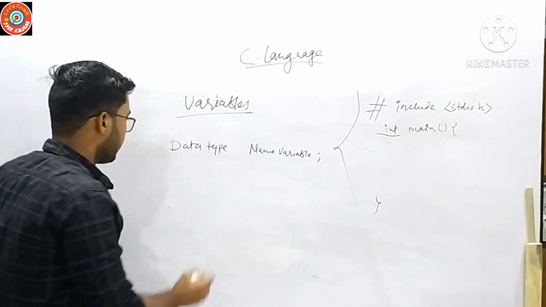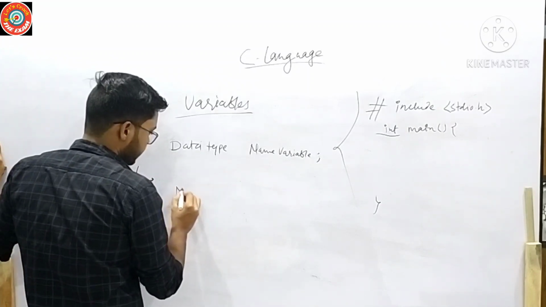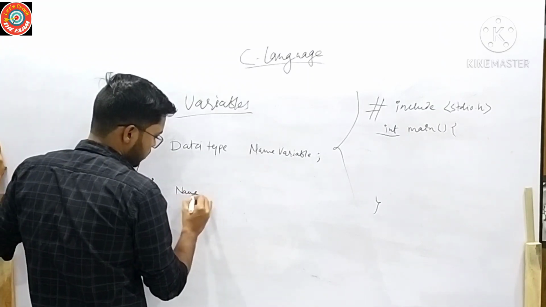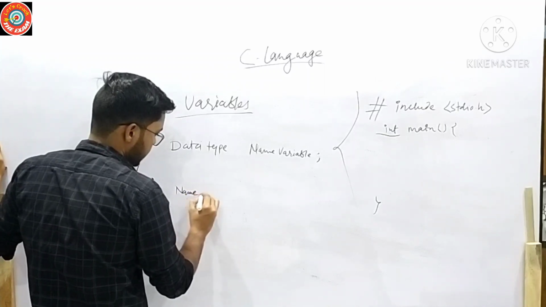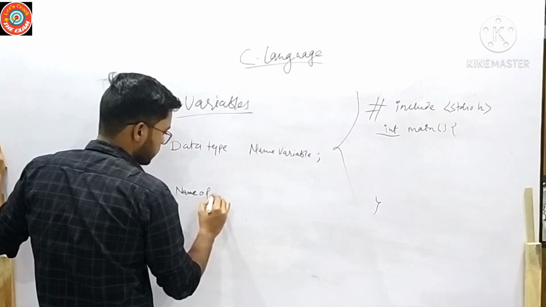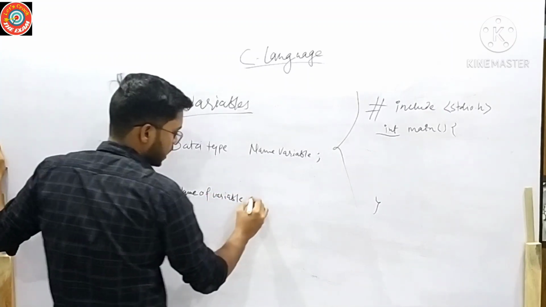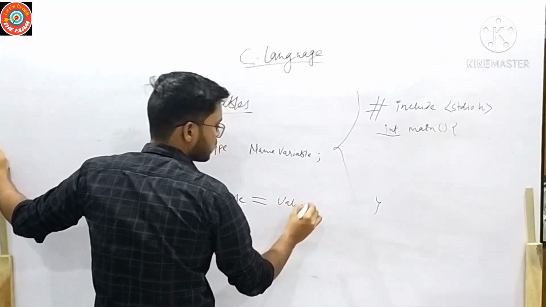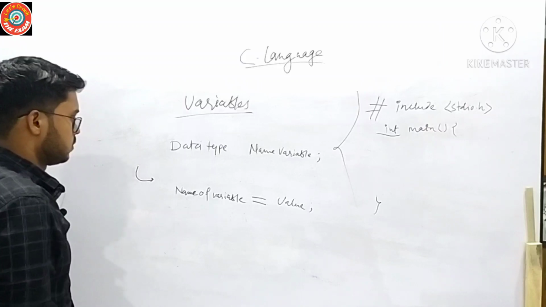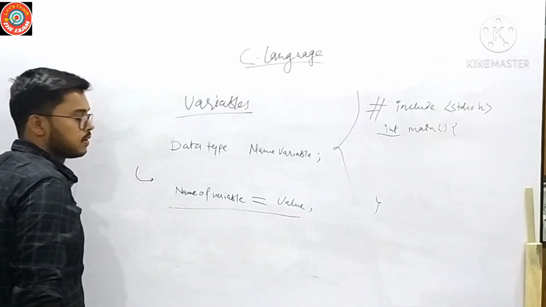Now how will we define it? We can write the name of variable equals to value. So this is how we define our variable.